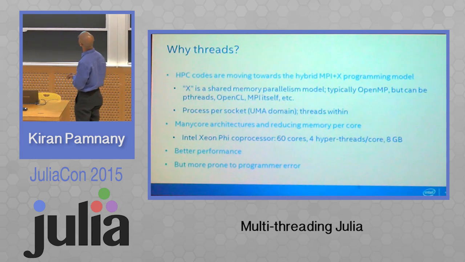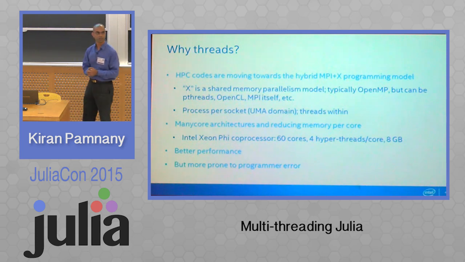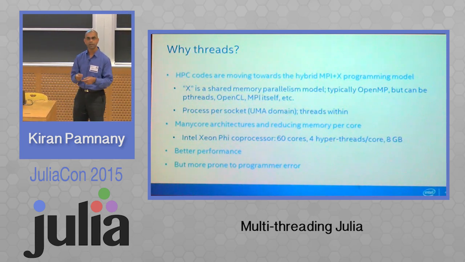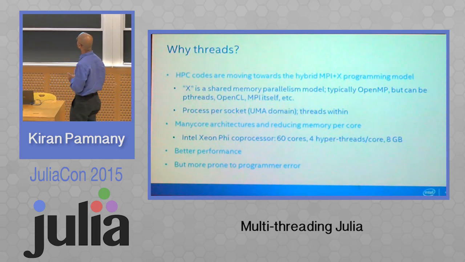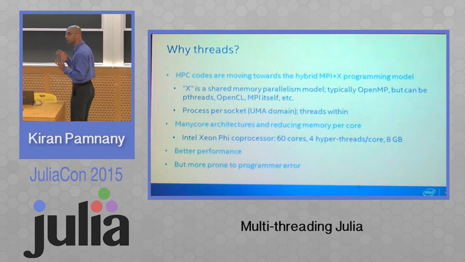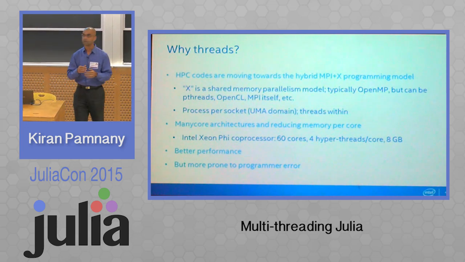So, the hybrid model: there's a lot of history, and a lot of MPI-only codes out there are still slowly migrating to using a shared memory parallelism model, as well as MPI. The standard protocol is to have a process per uniform memory access domain and threads within that.